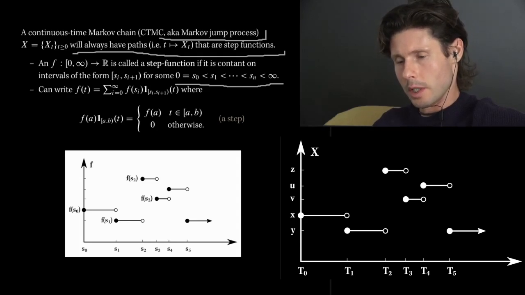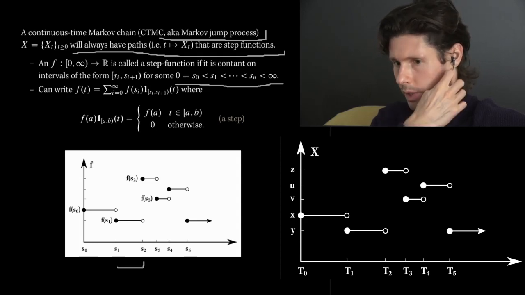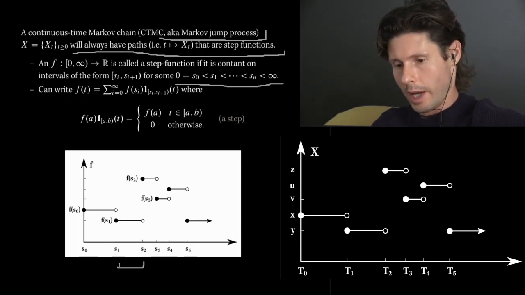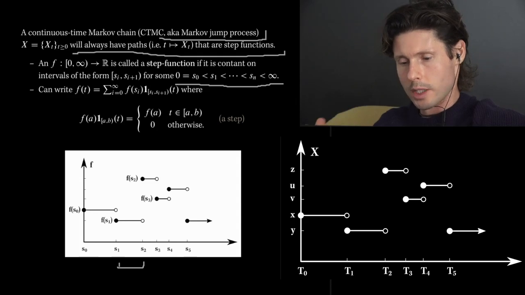This partition, these time points or timestamps, generate intervals. So here's an interval from S1 to S2, and they're half open for a reason we'll discuss. In other words, if we look at the half interval from S1 to S2, the point S2 is not actually in the interval. S1 is, but S2 is not.